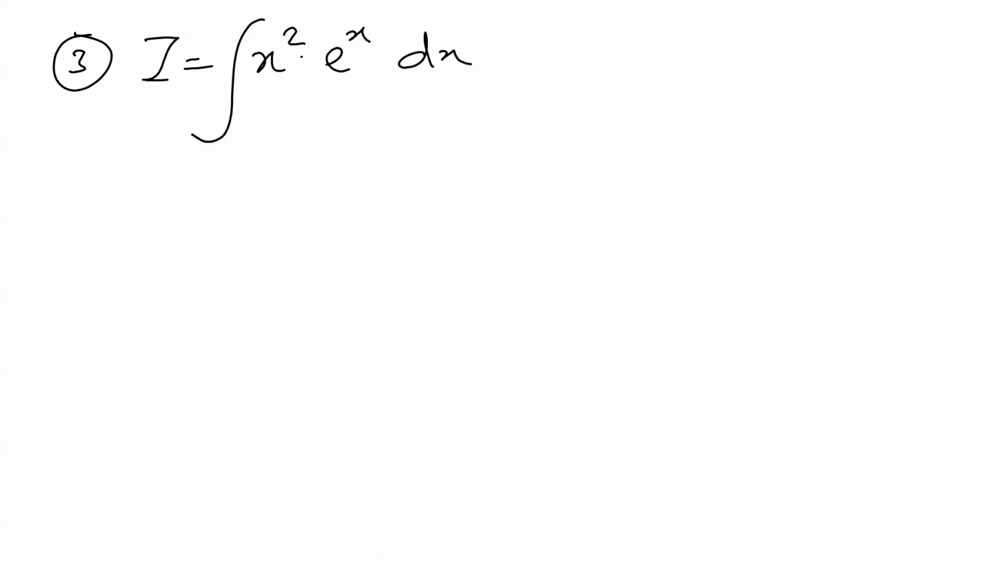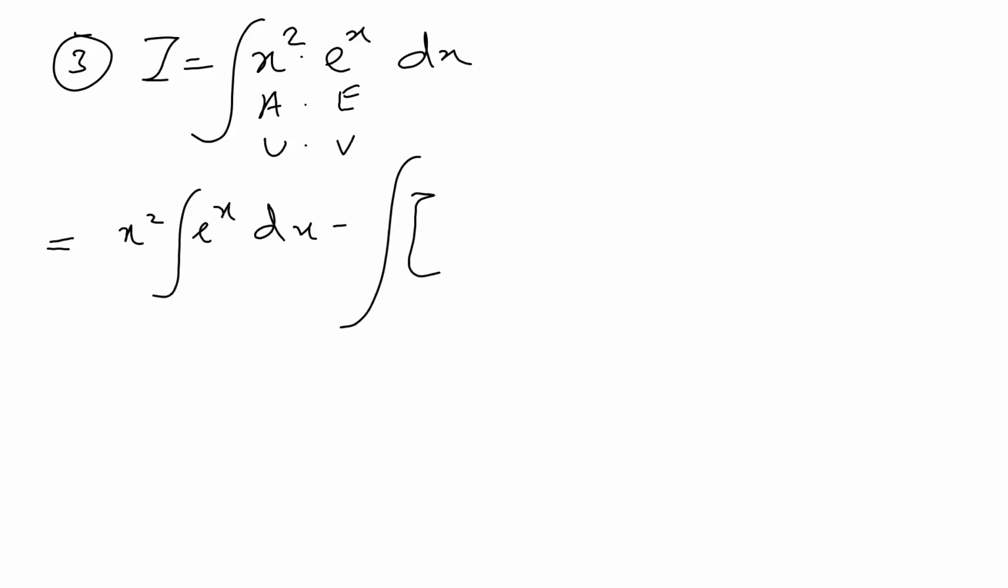Question number 3. Integration of x square e raised to x dx. Okay, so this is algebraic and this is exponential term. So u and v, no need to interchange this. So u integration v dx minus bigger integration dy dx of x square, e raised to x dx, bracket close dx.